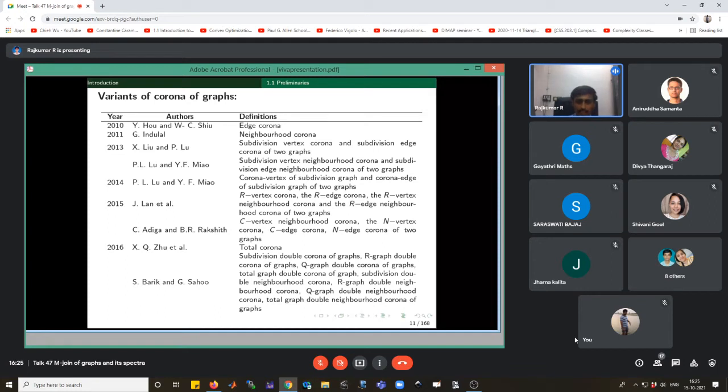Like that, for edge corona, we take a graph G. Suppose the number of edges of the graph is m.